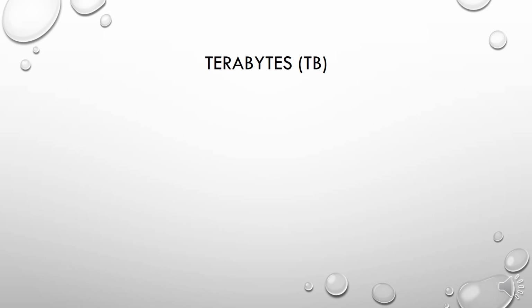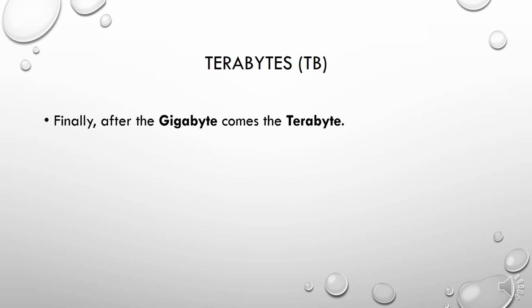The last unit of storage is terabyte. After gigabyte comes the terabyte. TB is the abbreviation. 1 TB is equivalent to 1 terabyte. The word tera stands for 1 trillion bytes.